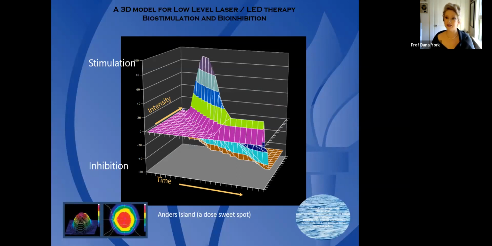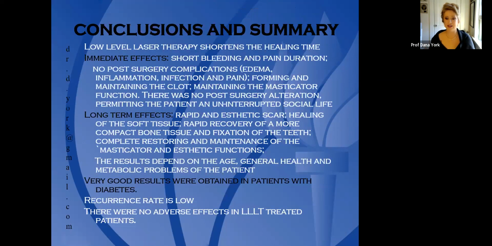When we want immediate effect to stop bleeding, stop inflammation, and reduce pain, we use the dose for inhibition. We use continuous mode as a dose to remove pain, and we use pulse, Nogier frequency, to do regeneration.